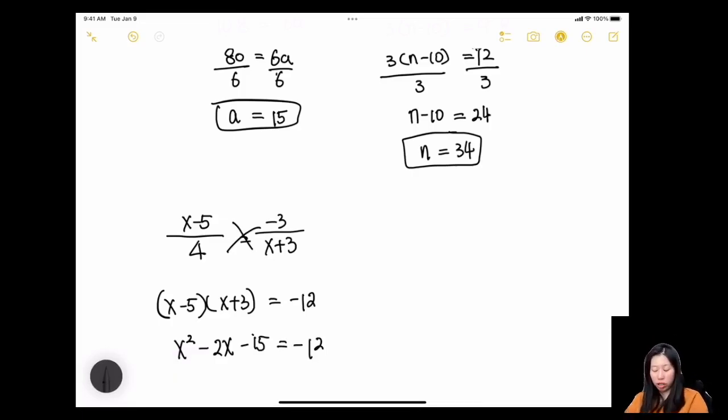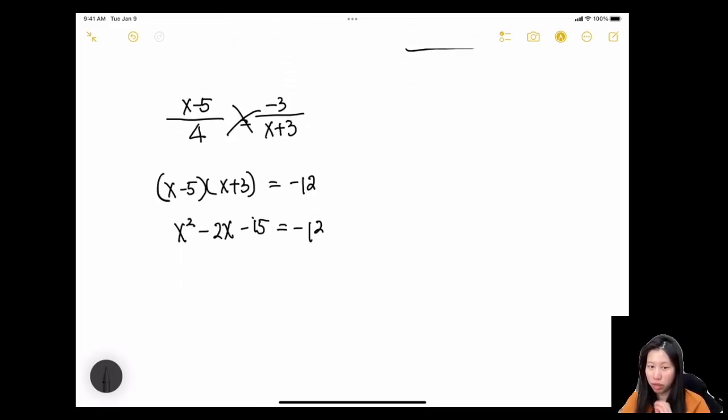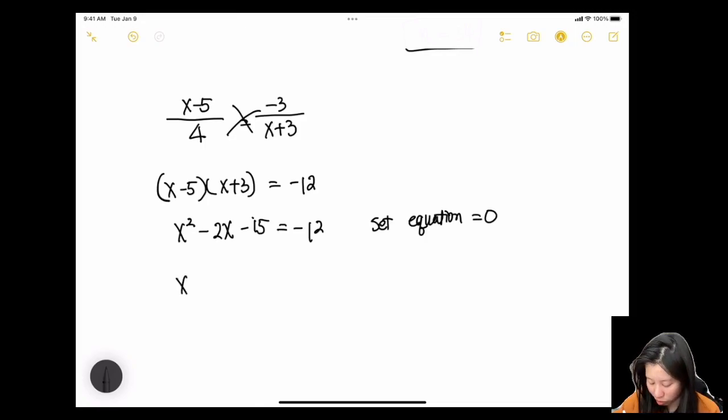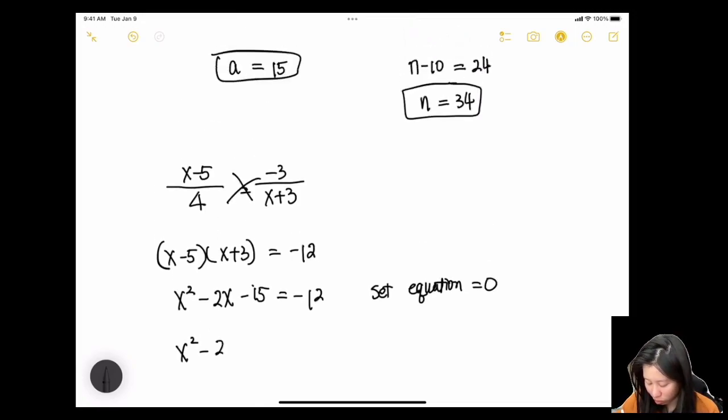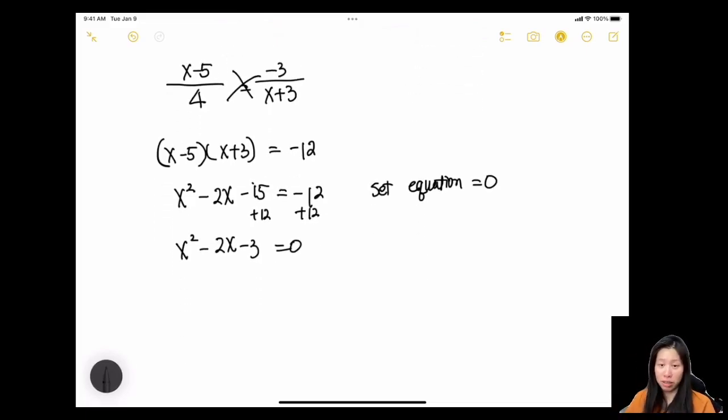Okay, so now how do you solve for x? Remember, the first step is we want to set the equation equal to 0. So we add 12 on both sides, so x squared minus 2x minus 3 equals 0. And then after we set the equation equal to 0, we try to factor it out.